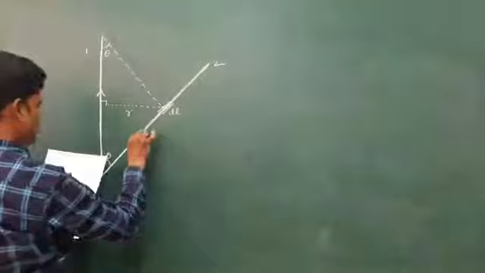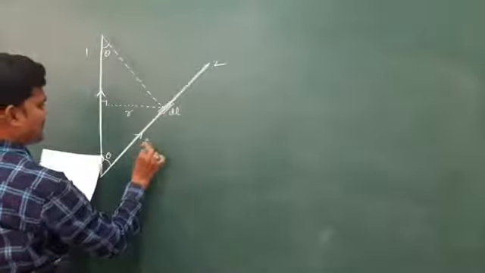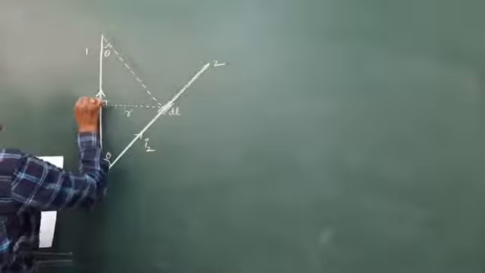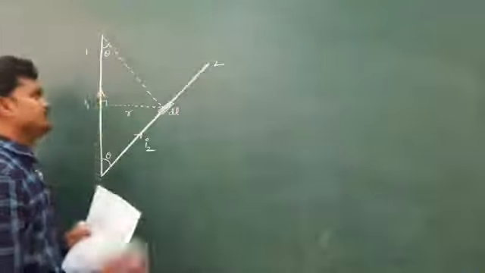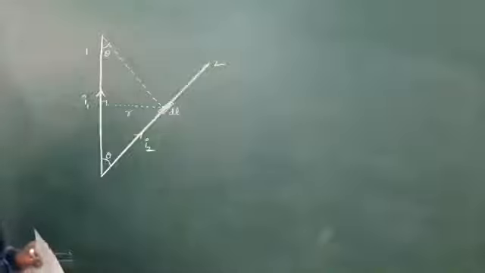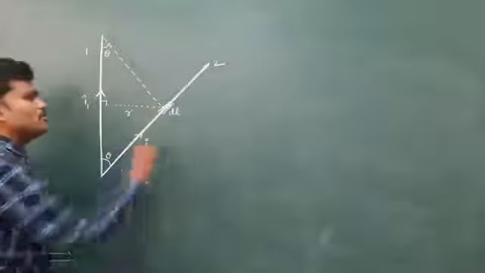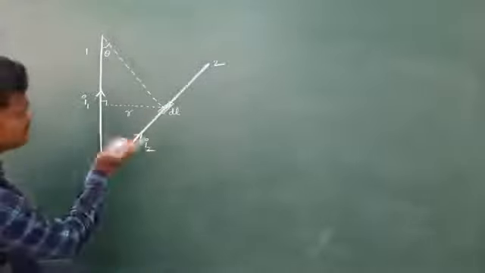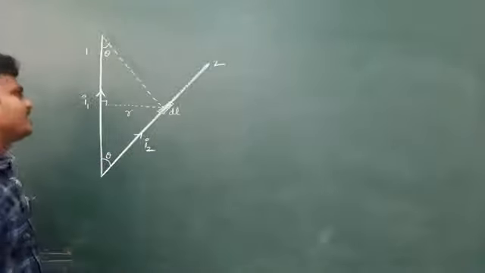It carries current I2. This one carries current I1. So read the question and they given this diagram. Target is to find out force acting on the small part. These are also like parallel wires, but they give an angle theta.